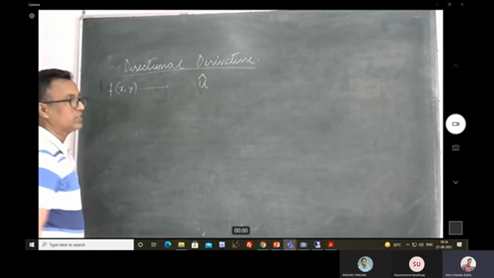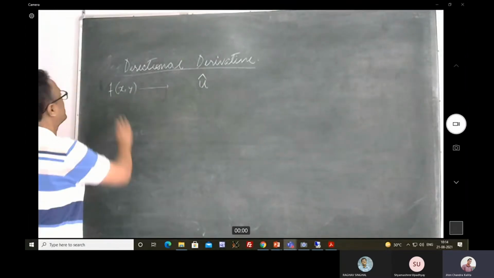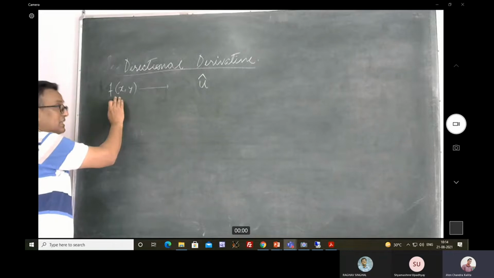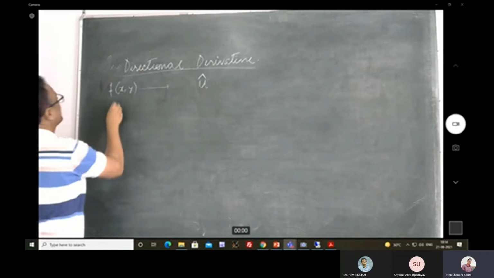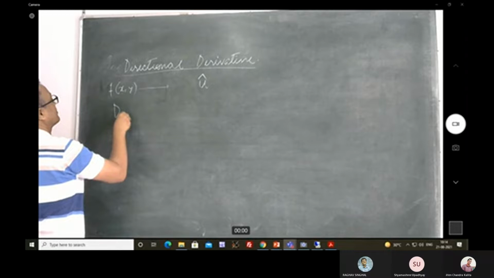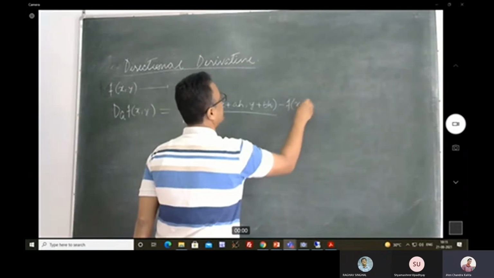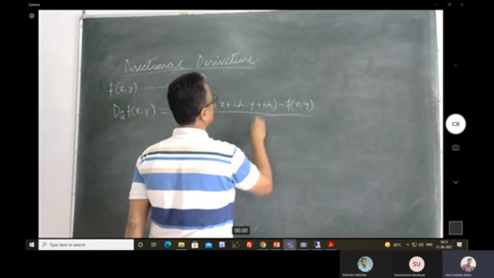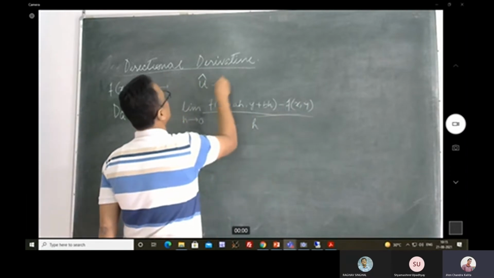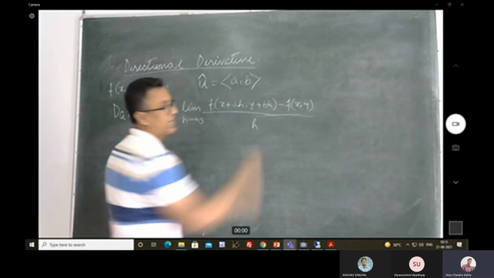If I want to find the directional derivative of this function in the direction of u cap, then it is the limit of f of (x plus h a, y plus h b) minus f of x, y divided by h, where this unit vector u has components a and b.